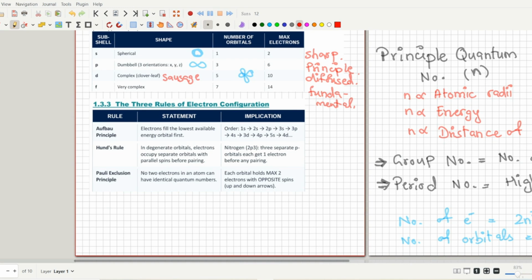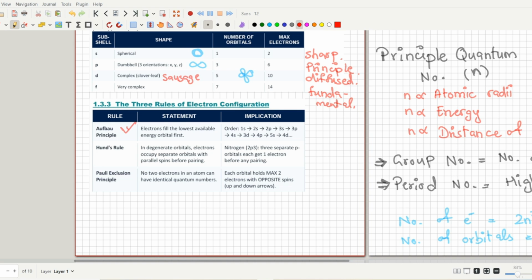So the first rule of electronic configuration is the Aufbau Principle. What the Aufbau Principle tells you is that the filling of electrons is always in increasing energy level: the lowest energy level is filled first, and then the shell which has the highest energy is filled next.